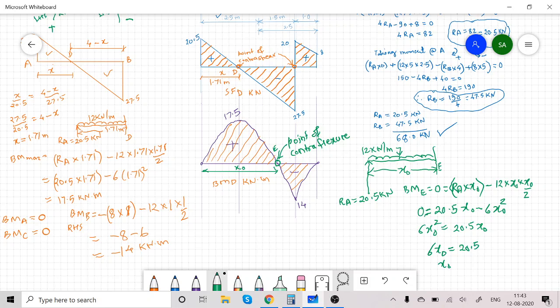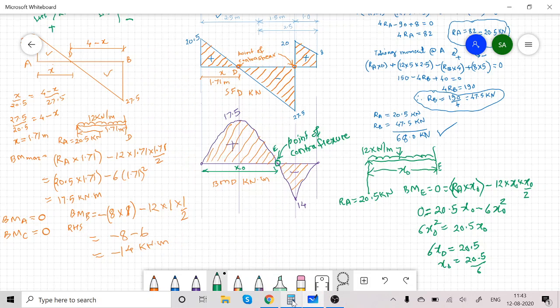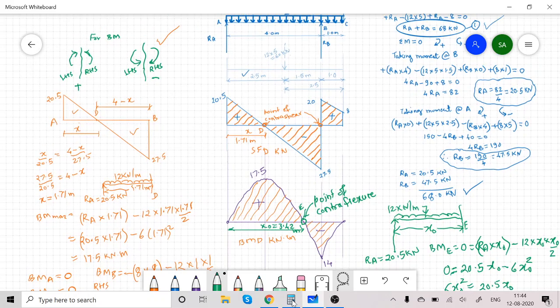So x0 is equal to 20.5 divided by 6. 20.5 divided by 6, I get 3.42. So this x0 I got is 3.42 meter from A. So the point of contraflexure is at a distance 3.42 meter from A.